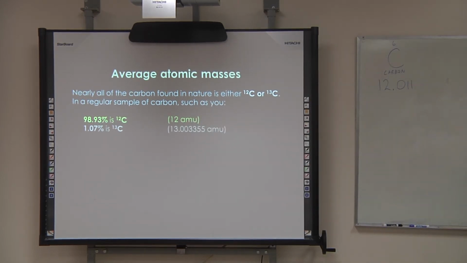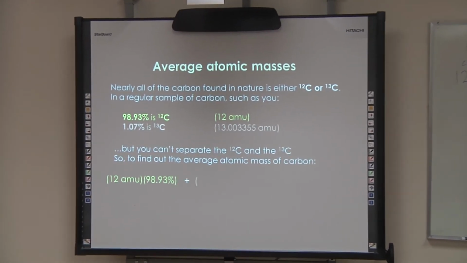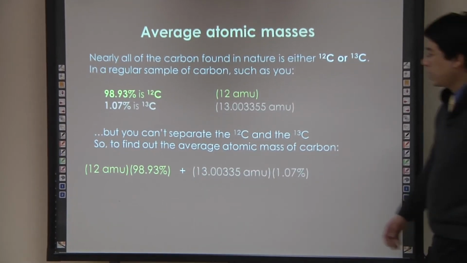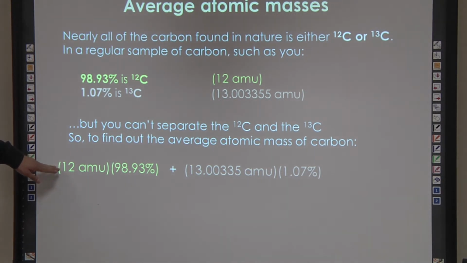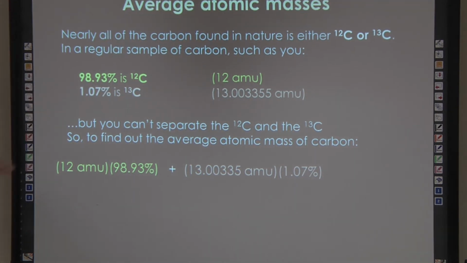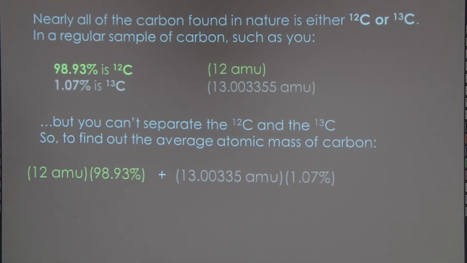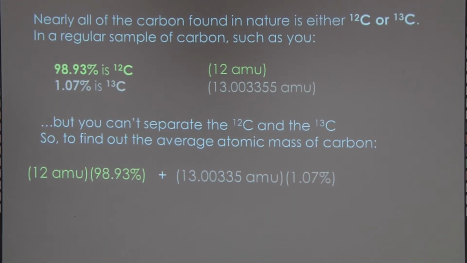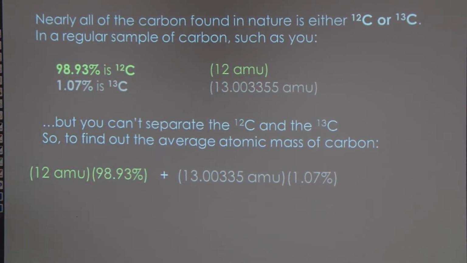So, in order to find the average atomic weight, this is what we're going to do. We're going to take the 12 AMU, that corresponds to the carbon-12, and multiply it by the percentage of carbon that is constituted of carbon-12. So 12 AMU times the 98.93.